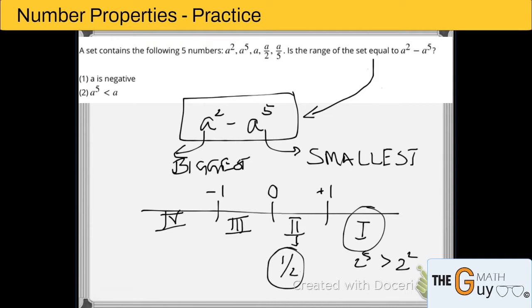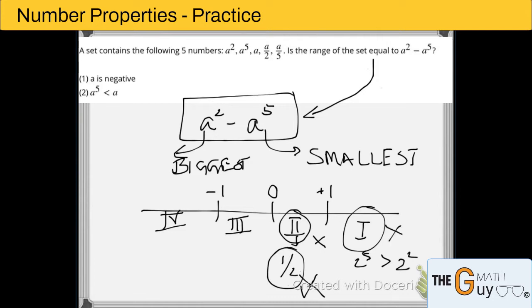A over 2 will be 1 over 4, a over 5 will be 1 over 10, a to the power 5 will be 1 over 32. So yes, but will a square be the biggest? In this particular example, yes. Actually, no. A is bigger. So zone 2 does not fit our requirement either.